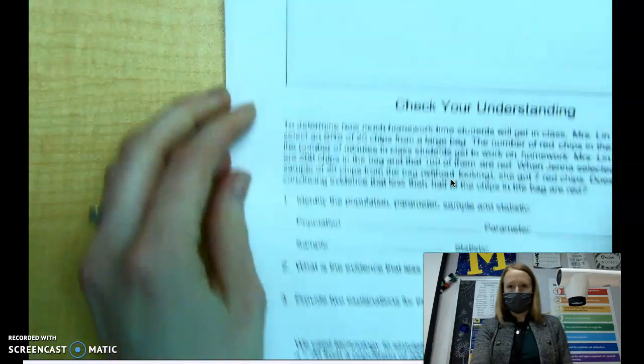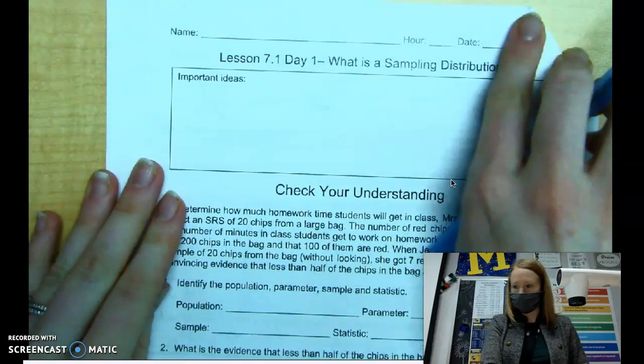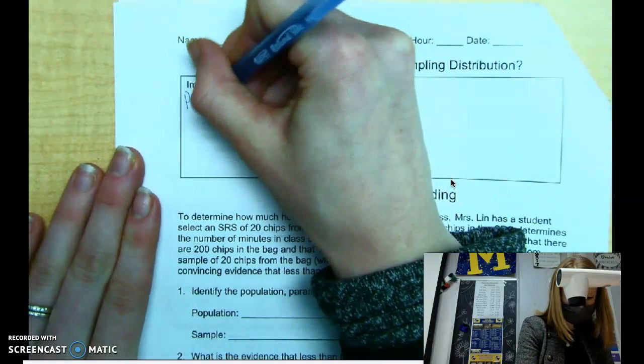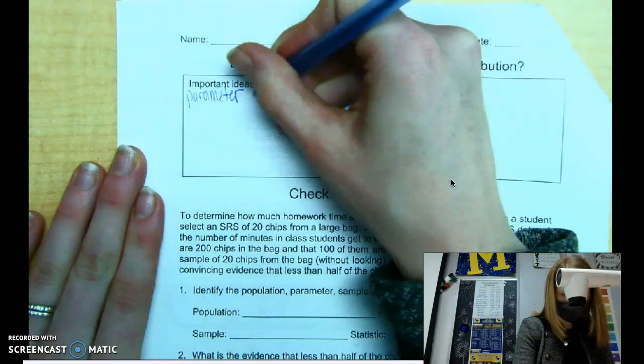So we're going to do our important ideas real quick. There are important things that we need to talk about, which are the difference between a parameter and a statistic.